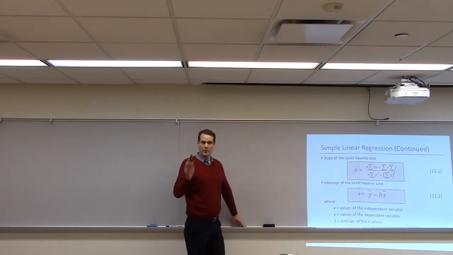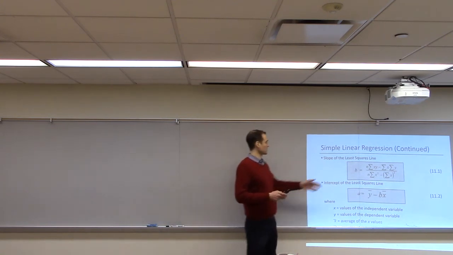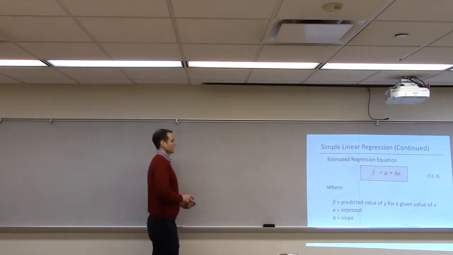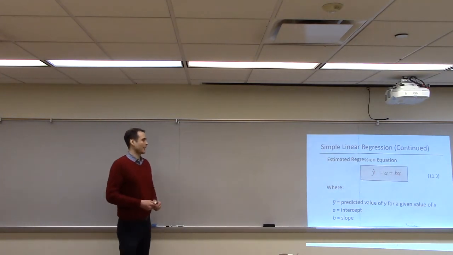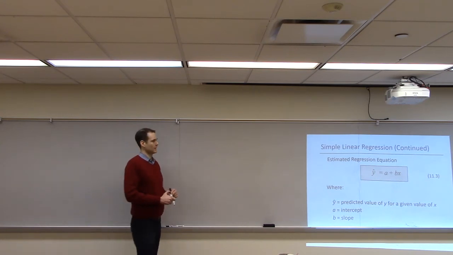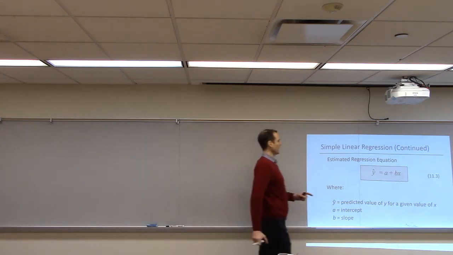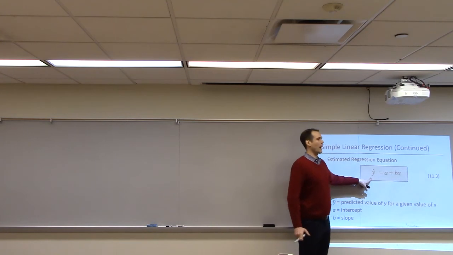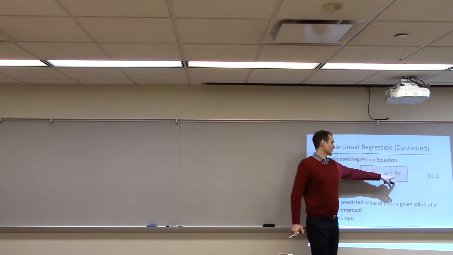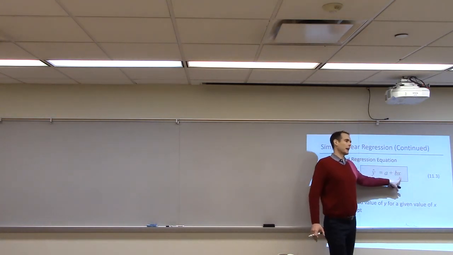We won't. We'll just input the data in Excel, and Excel will spit out the slope and the intercept for the line of best fit. And then we'll have our regression equation. We will have a predicted value for y based on the number of hours studied, based on some independent variable.